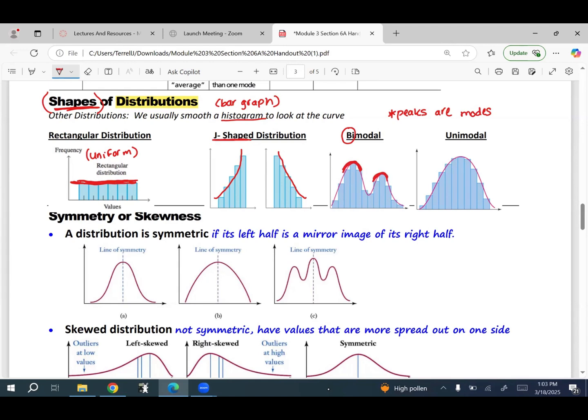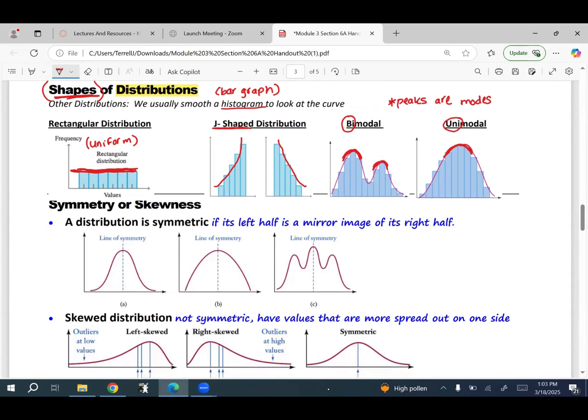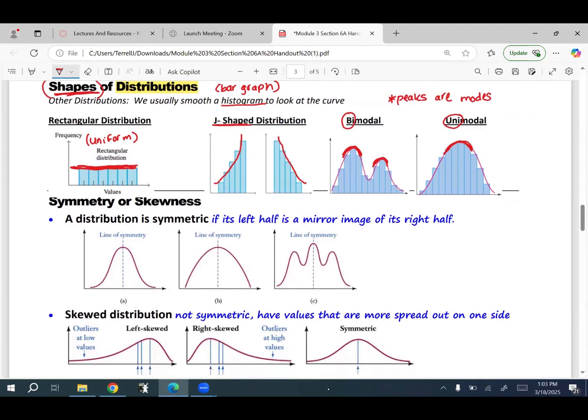So this is why it's called bimodal. And then in this shape or distribution, there's only one peak. So that's why we would call it unimodal, just one. So these are just different ways you can describe the data. So you can describe it through its distribution or shape.